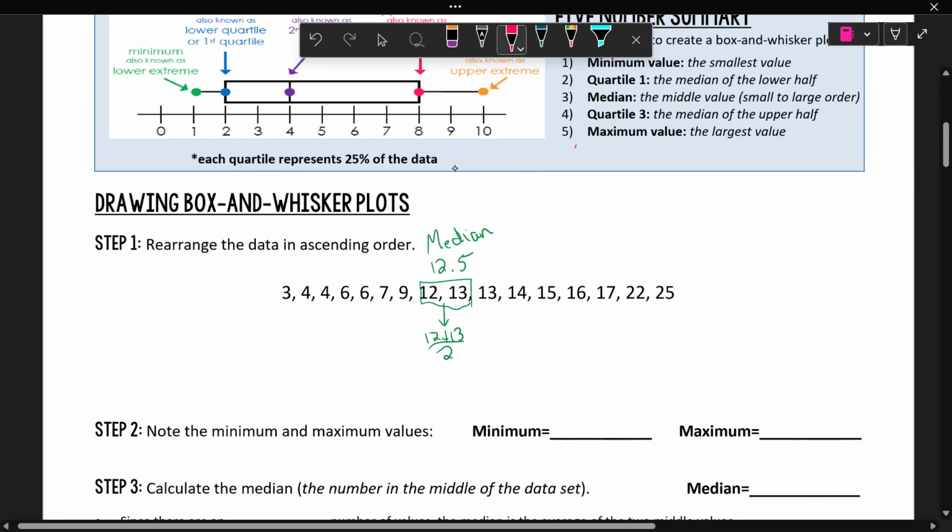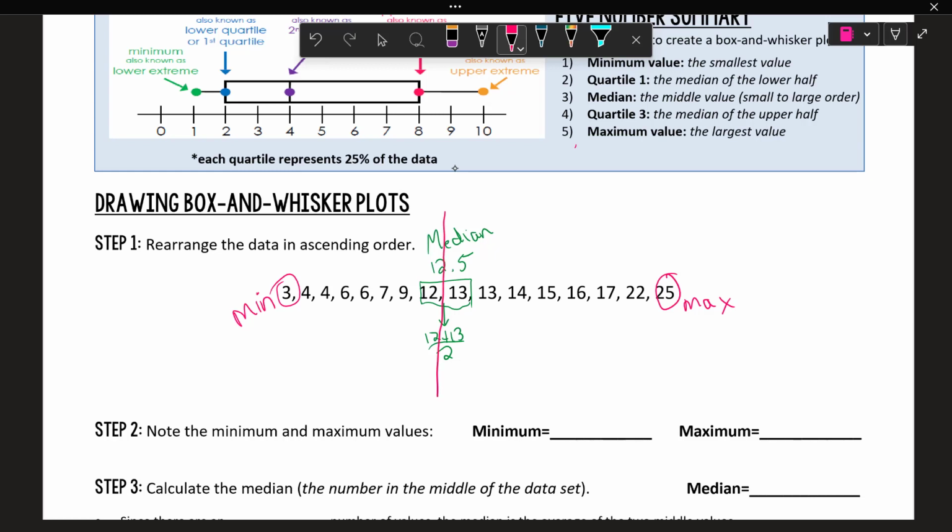Obviously, the 3 is our minimum, and 25 is our maximum. That's the highest and lowest. Now, quartile 1 and quartile 3. Quartile 1 is just the middle of the first half of data. So the median splits it up into the 2 sets, and now we have 8 numbers to the left of that line.